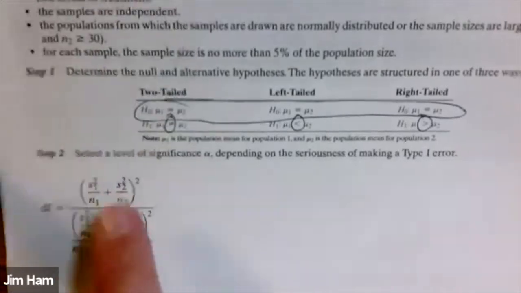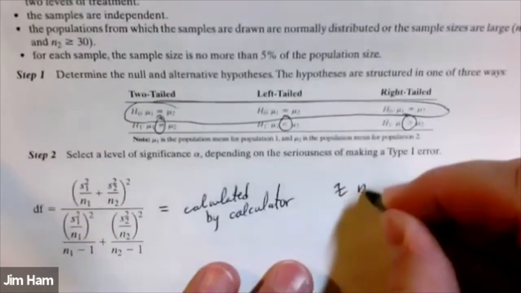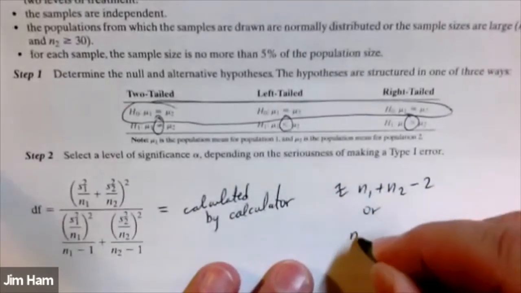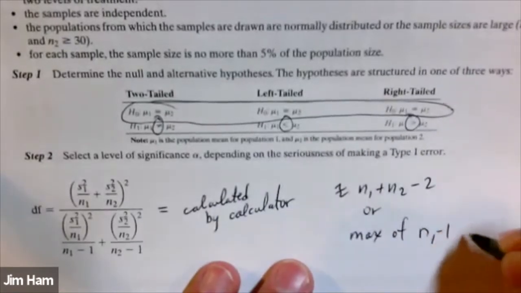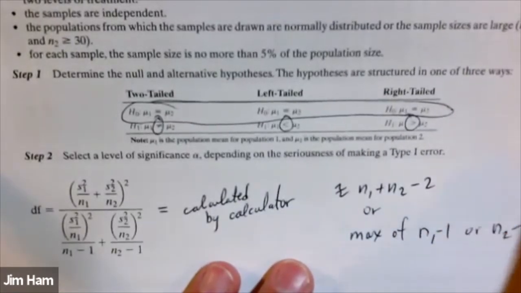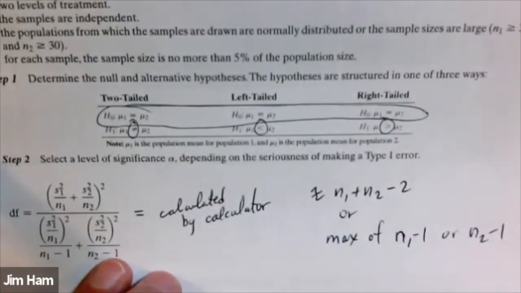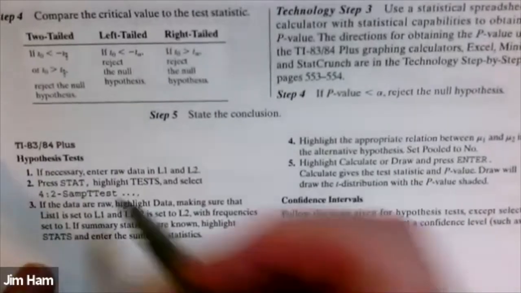The calculator will calculate the degrees of freedom for us. It's going to be approximately equal to n1 plus n2 minus 2, or it's going to be close to the max of n1 minus 1 or n2 minus 1. So it's going to be in that range, and we'll come back and check it once we have done a couple of problems. All right, calculator.